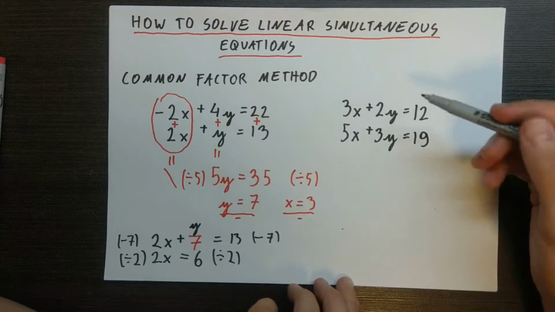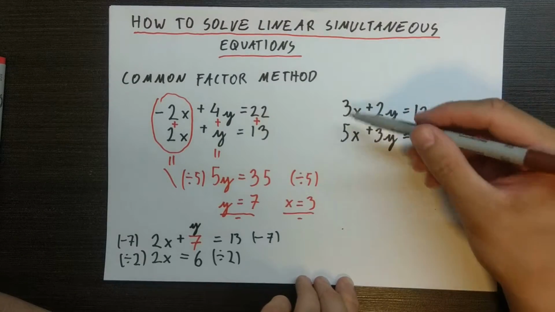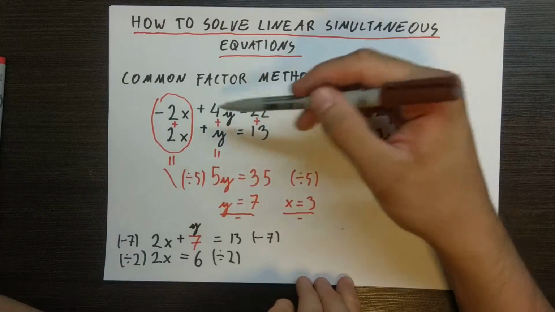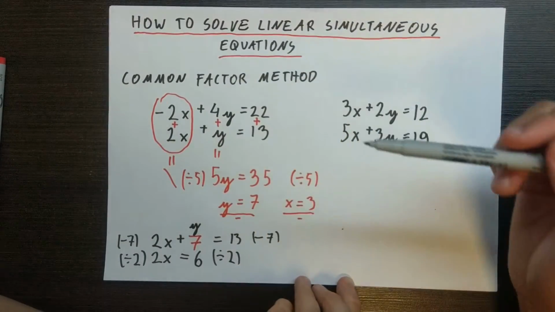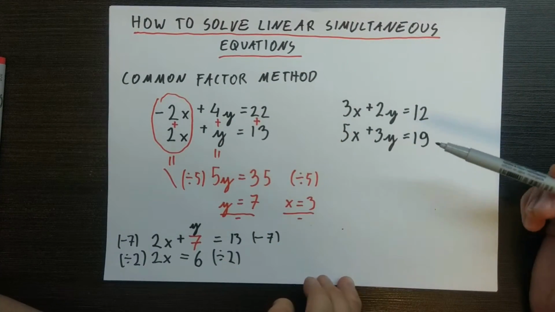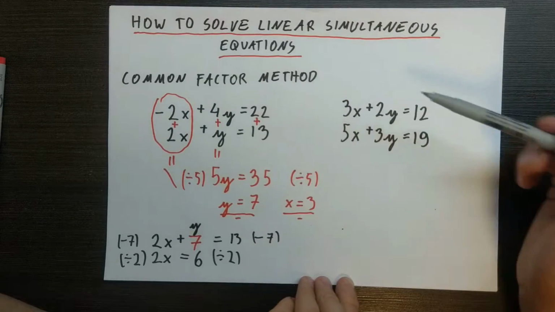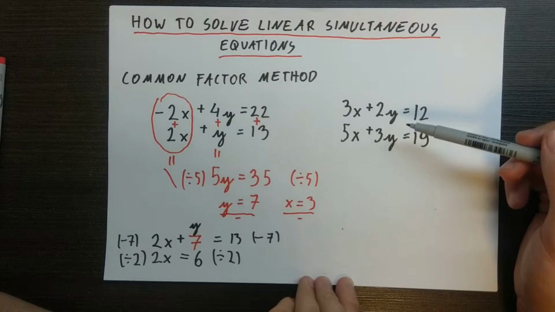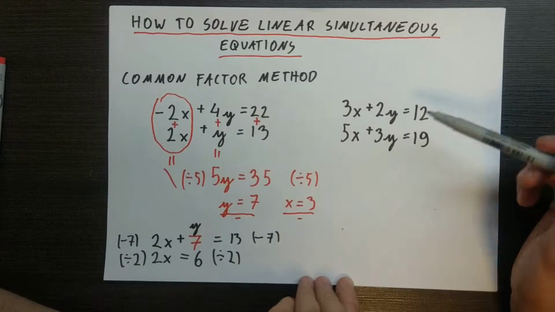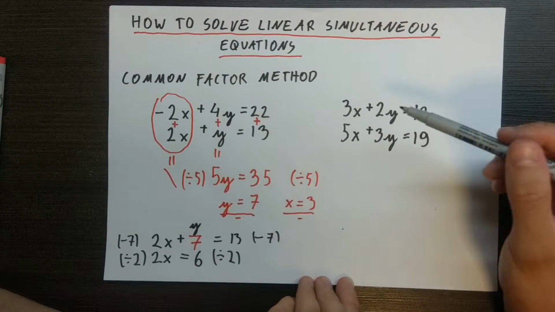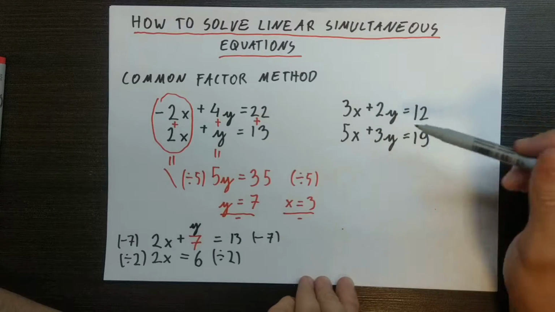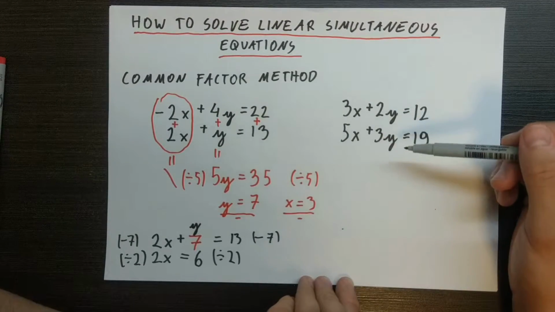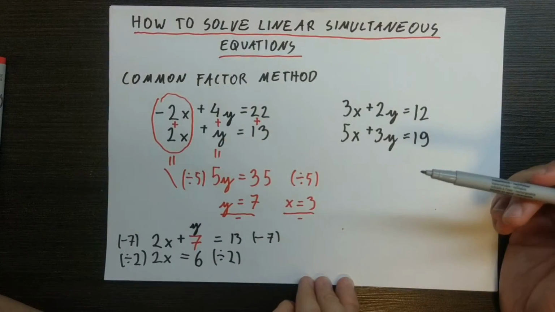Okay, so the problem we have here is that none of these terms are identical, so we can't do it quite as simply as before. But what we can do is multiply one or both of these equations within themselves. You multiply one or both of these equations to give you the same terms, and then we do it the same way as we did here.